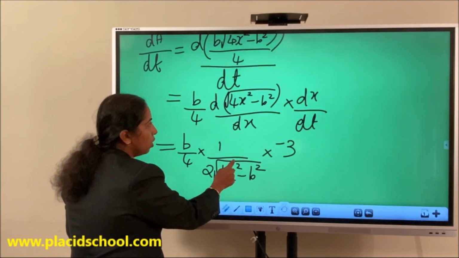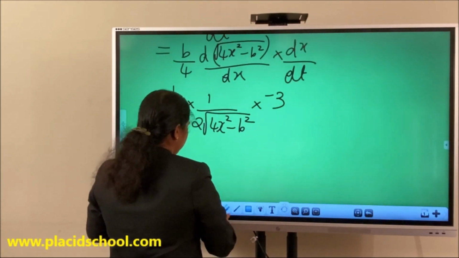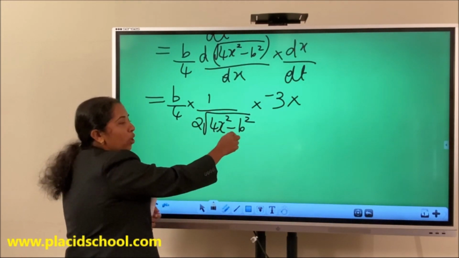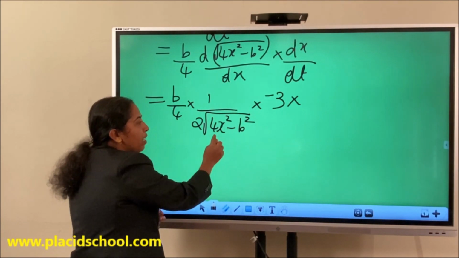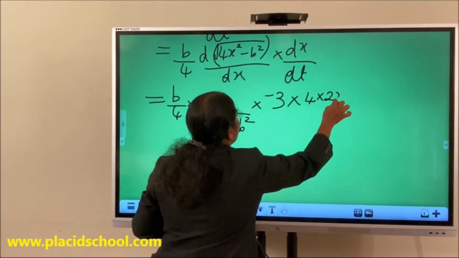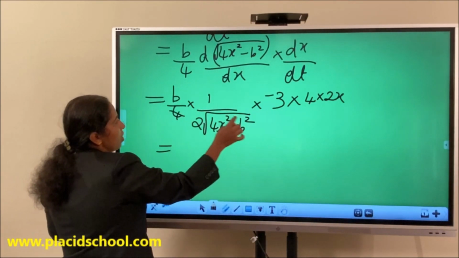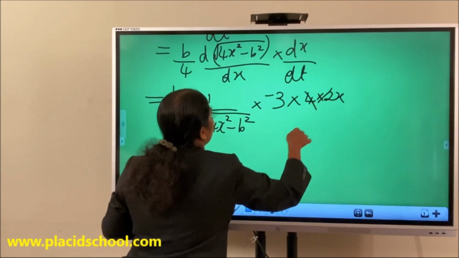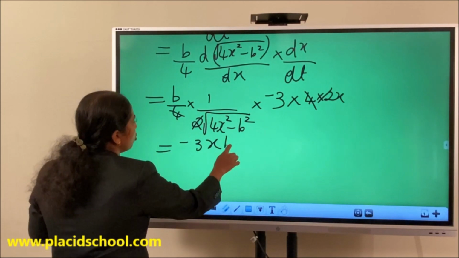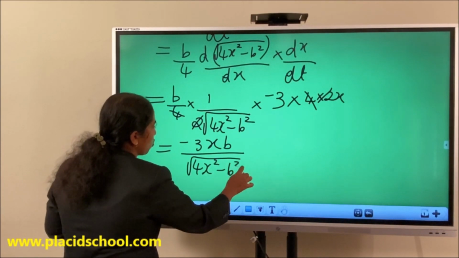Also, we have to find the derivative of what is inside the root. So derivative of 4x square is 4 into 2x and b is a constant, so the derivative is 0. On simplification, you have minus 3x into b by root of 4x square minus b square.